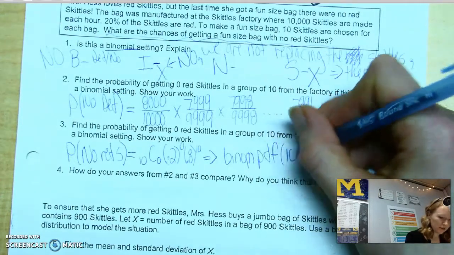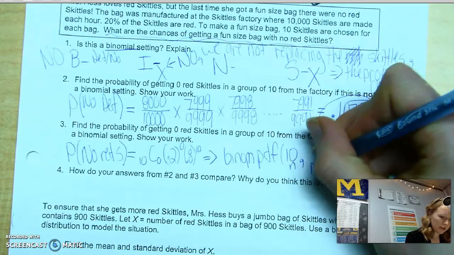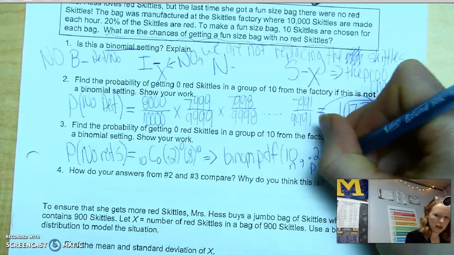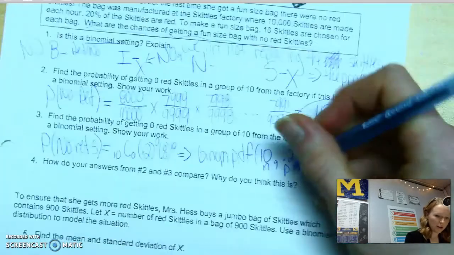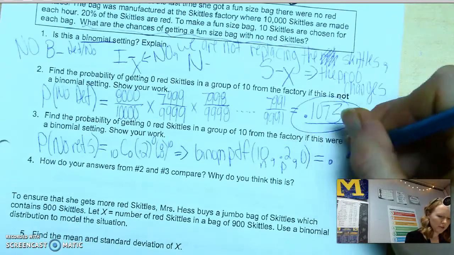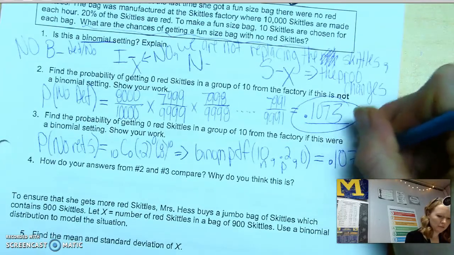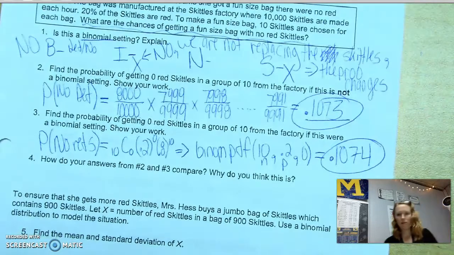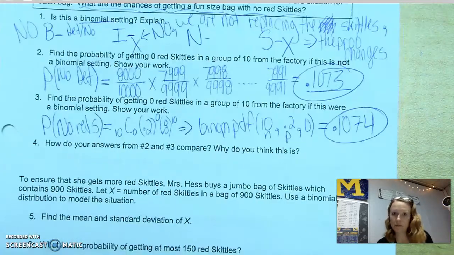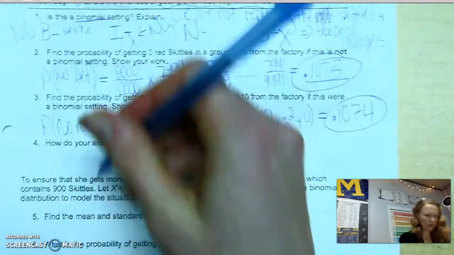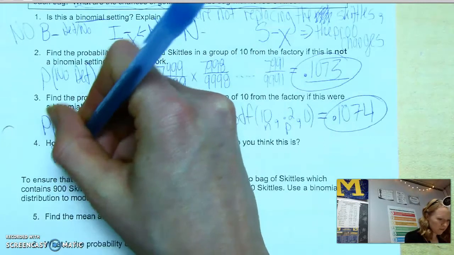The number of Skittles is 10, the probability of getting a red is 0.2, and the X that I'm choosing is 0. And what you're going to find is when you do this calculation, you're going to get this value right here. Notice how infinitely close numbers 2 and 3 are. So these are basically the same.